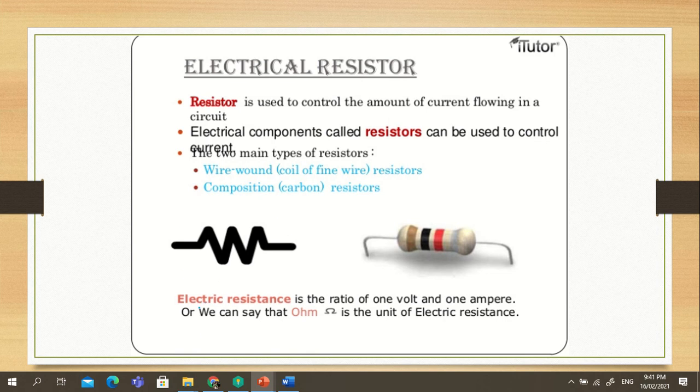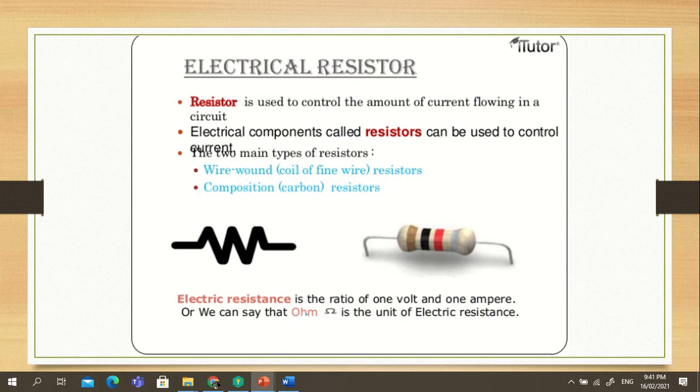And we have what we call electric resistance. What is this electric resistance? It's the ratio of 1 volt and 1 ampere, and that ratio is called ohm, 1 ohm. We can say that 1 ohm is the unit of electric resistance.